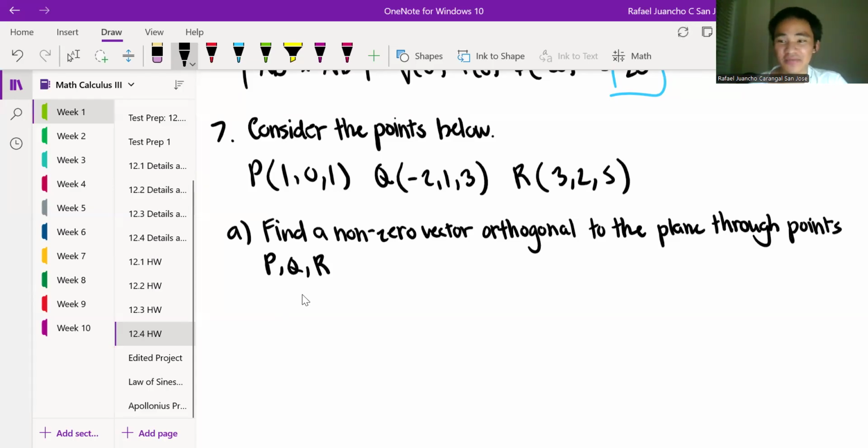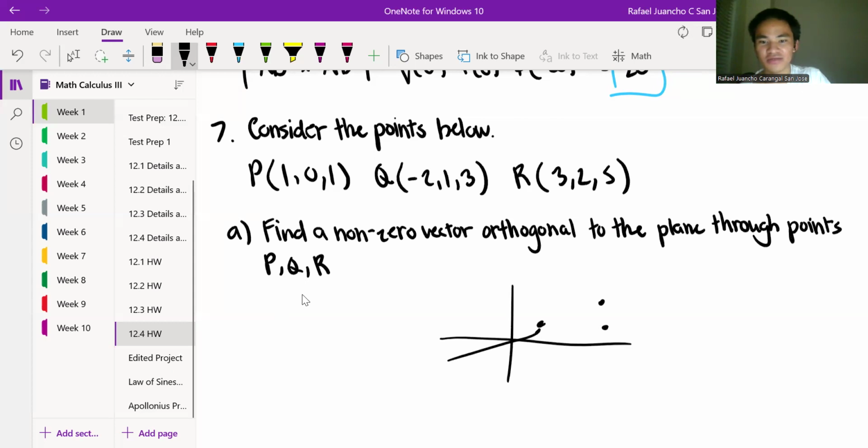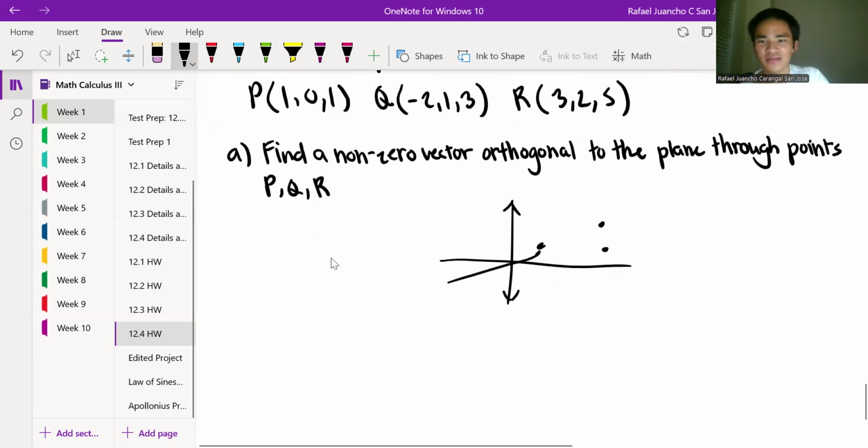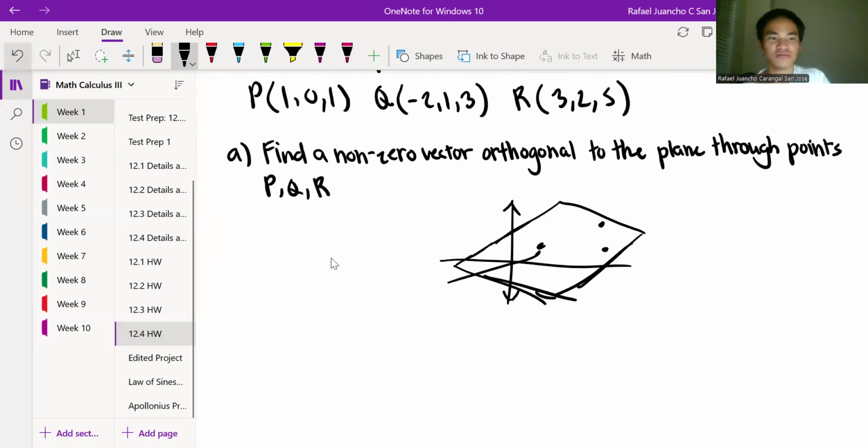P, Q, and R are in the same plane. So let's say these are P, Q, and R, some points here in the XYZ space, right? They're all on that plane. Now I don't know what plane this is, but they're all there in that plane.